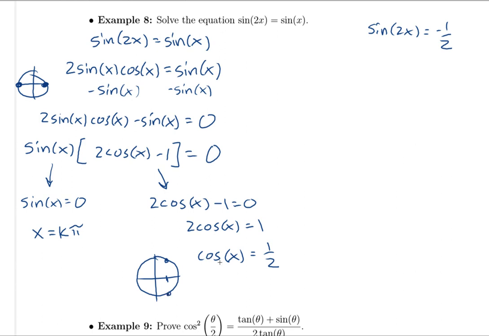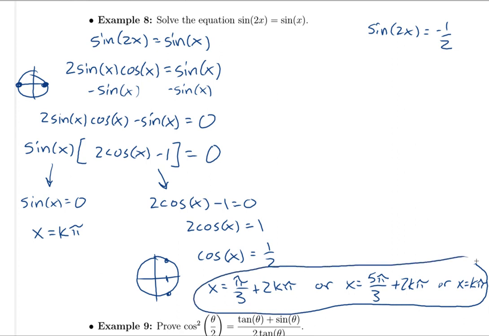So it looks like that's going to happen when x is equal to pi over 3 plus 2k pi, or x equals 5 pi over 3, or you could write negative pi over 3 there as well, doesn't matter, plus 2k pi. All right, and I'll just add my other one right here, x equals k pi, so that we have them all written together there.